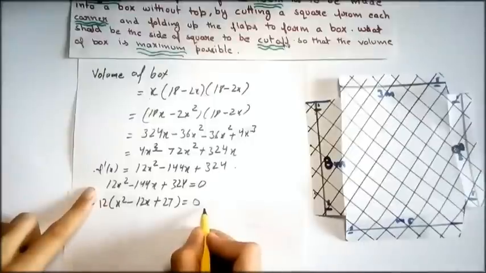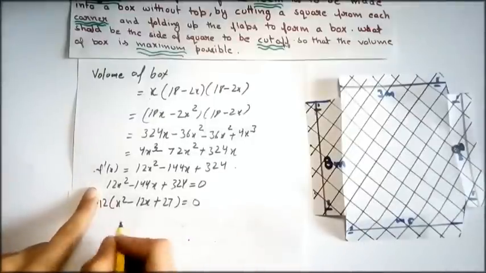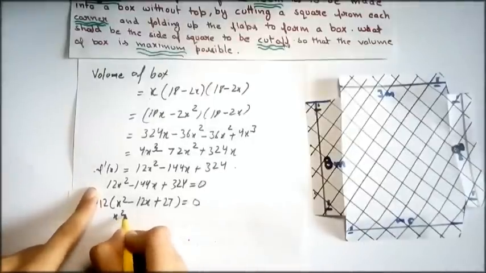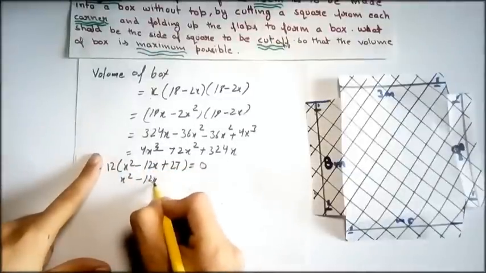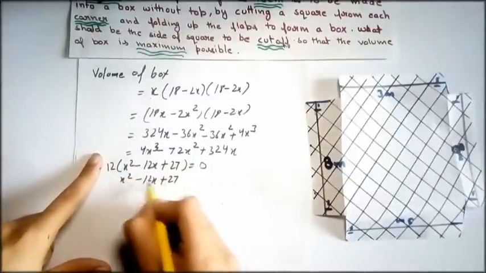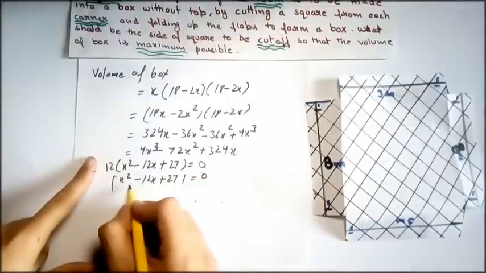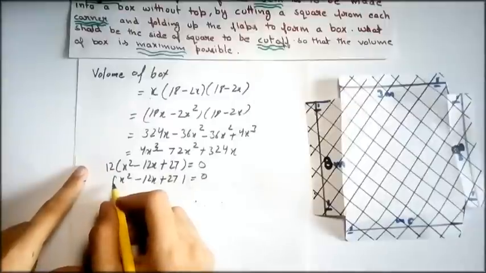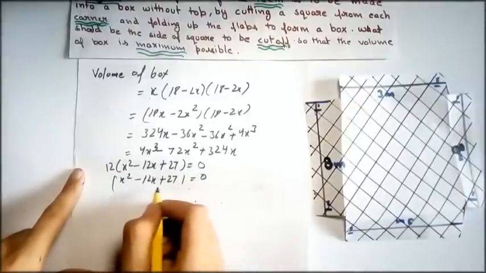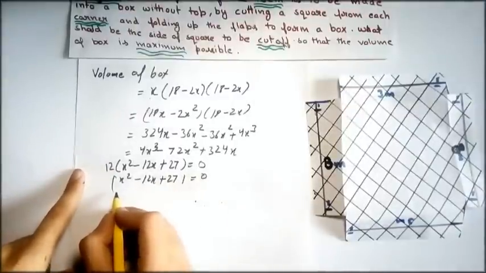Now 12 will go to that side and it will become 0, and we got x square minus 12x plus 27 equal to 0. Now we will use the factorization method. We need the product 27 and sum 12, which we can get by 9 times 3 is 27.